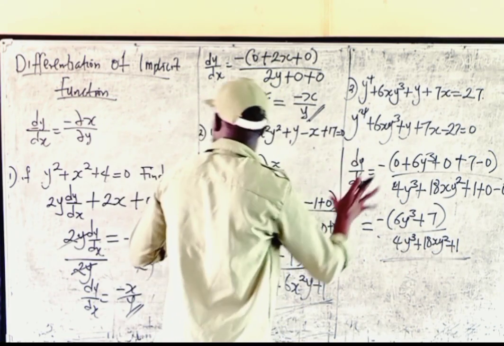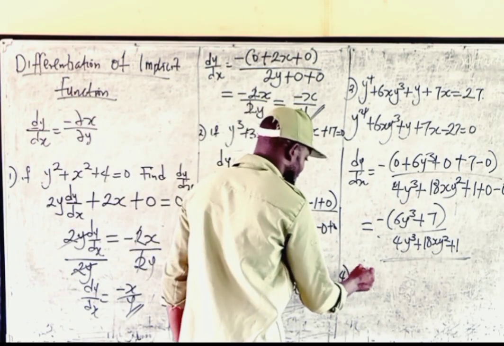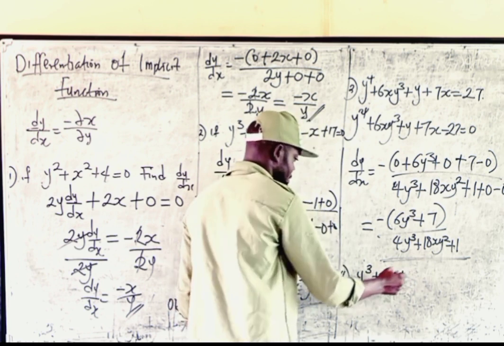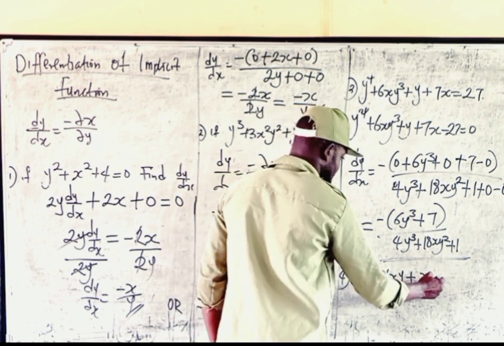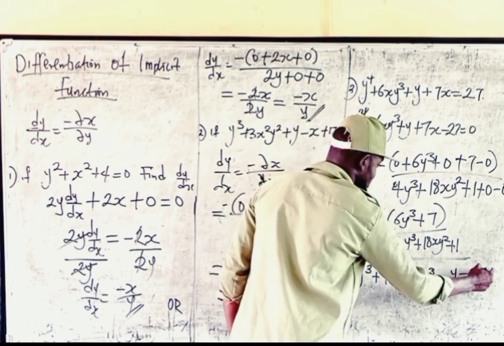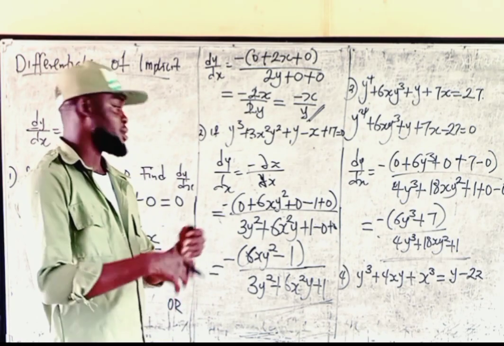So here's our rule here, and you can try this in your own time. If y cubed plus 4xy plus x cubed is equal to y minus 22, find dy over dx.